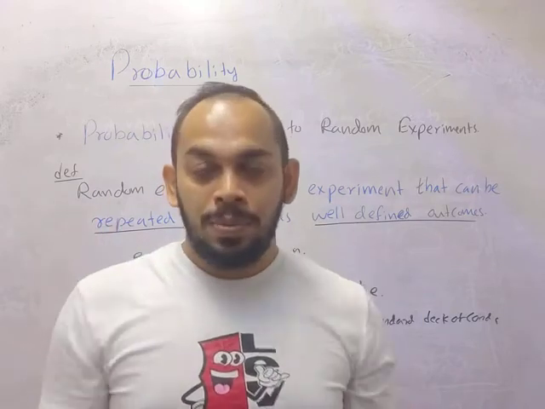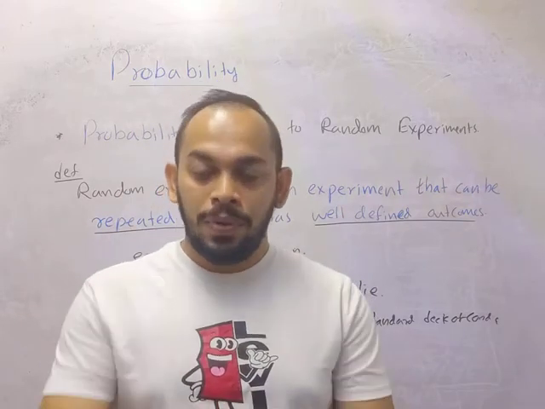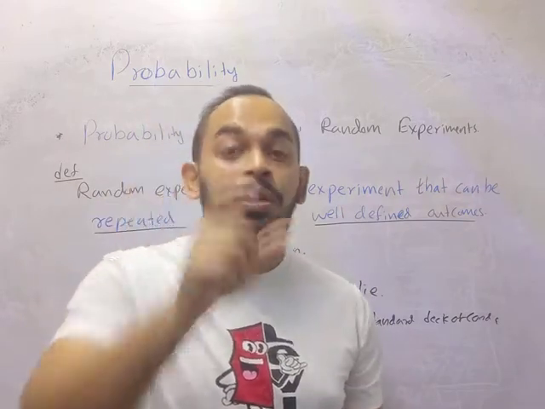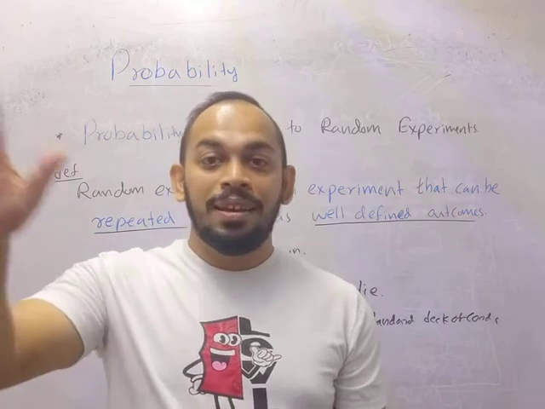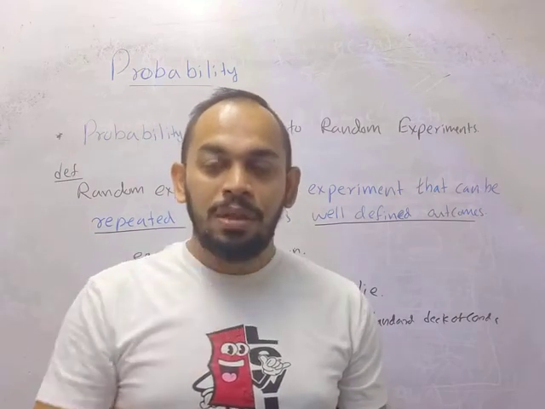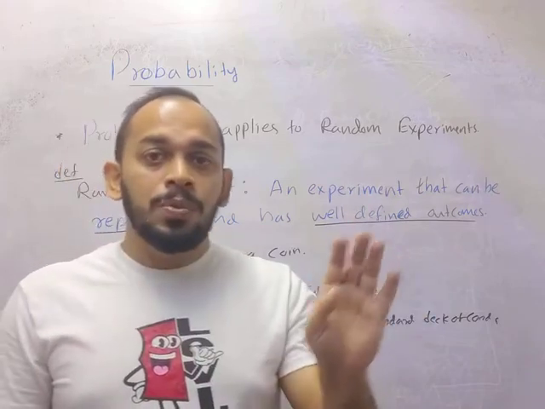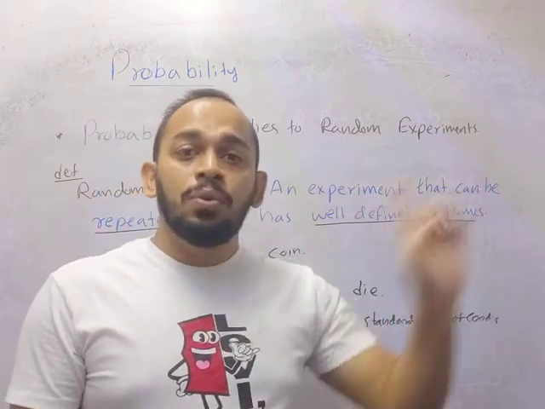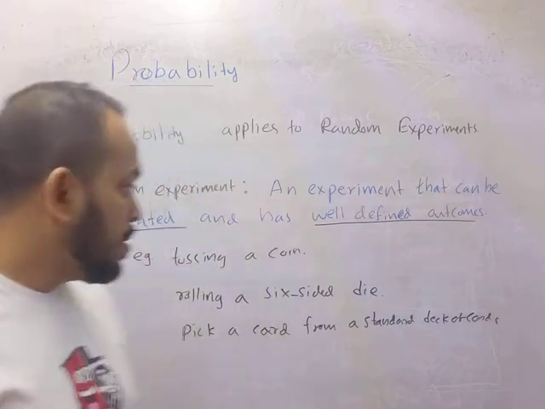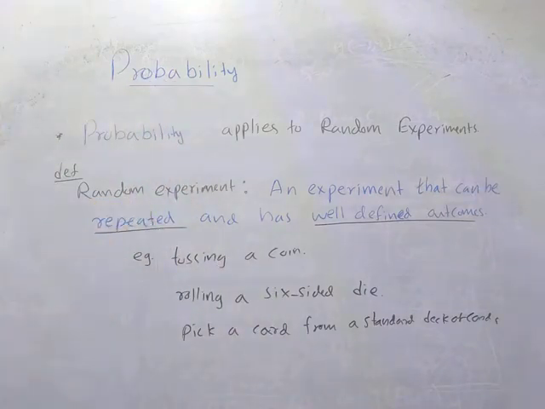You can repeat this experiment and it has well-defined outcomes. When you pick a card, it should be one of the 52 cards, not anything else. So if you pick only once, the outcomes would be the 52 cards. So that's what is meant by a random experiment.